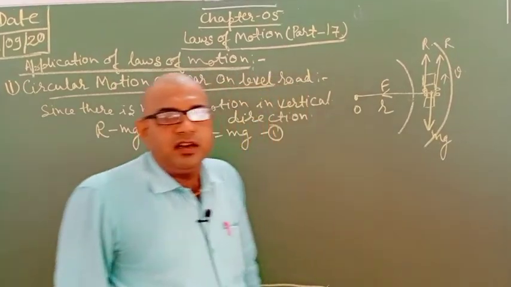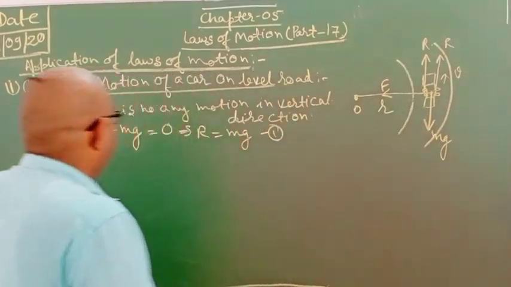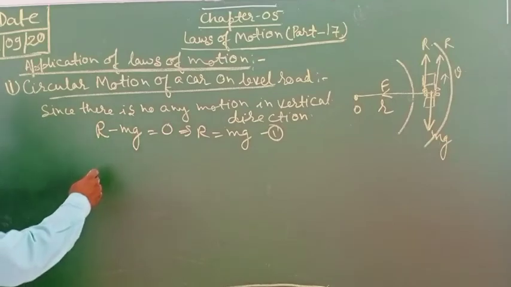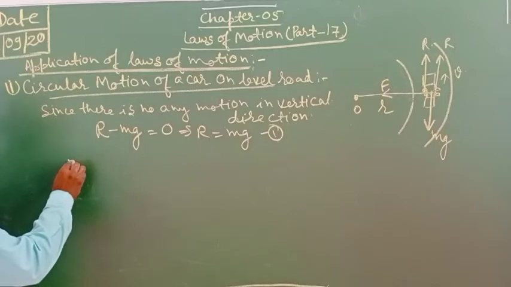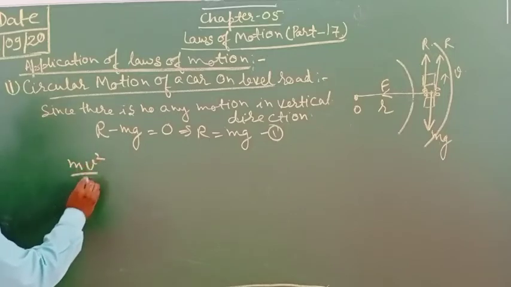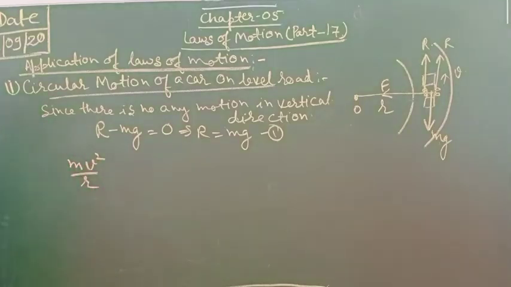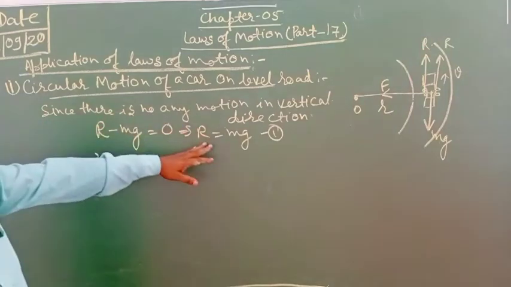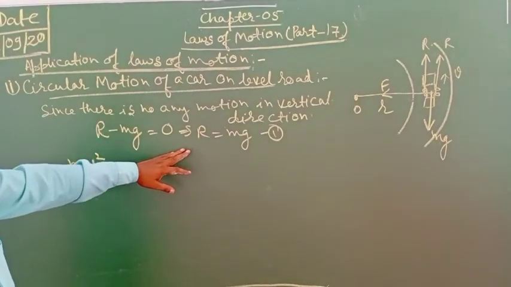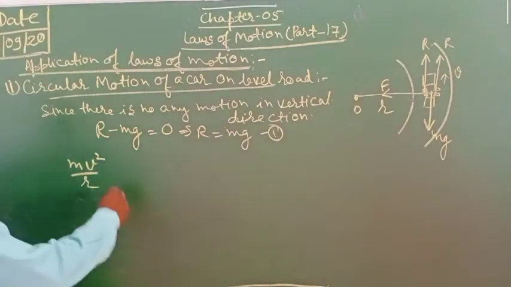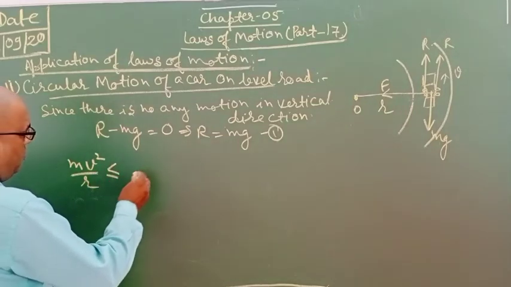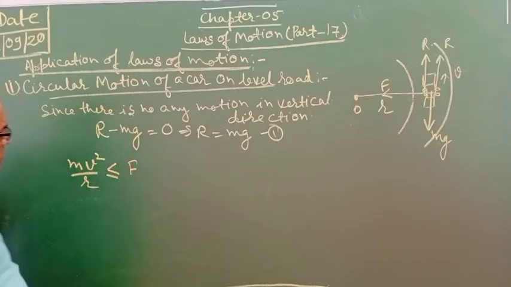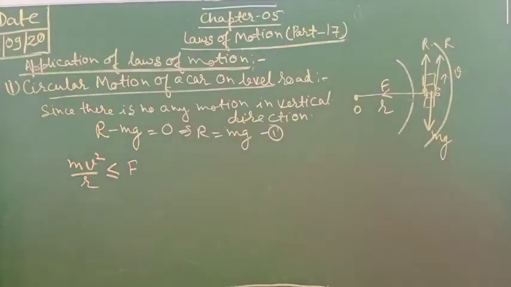So you had observed what will happen here. Look at here. The centripetal force is mv square upon r. This centripetal force is provided by the frictional force, and this centripetal force must be less than or equal to the frictional force.